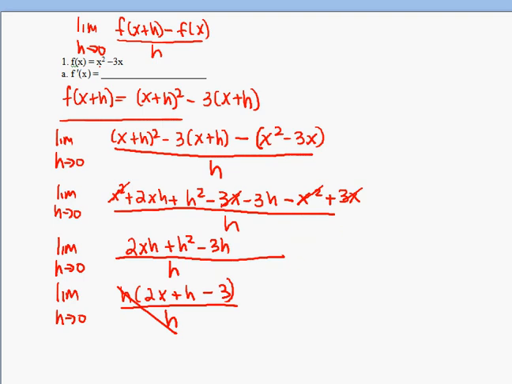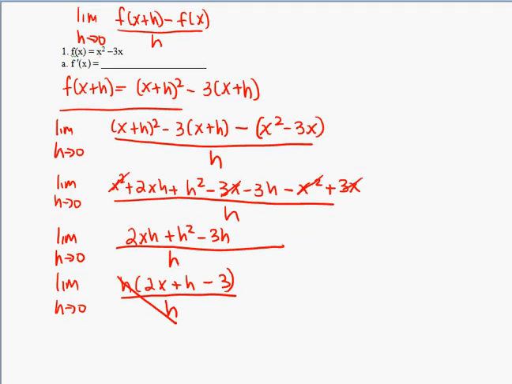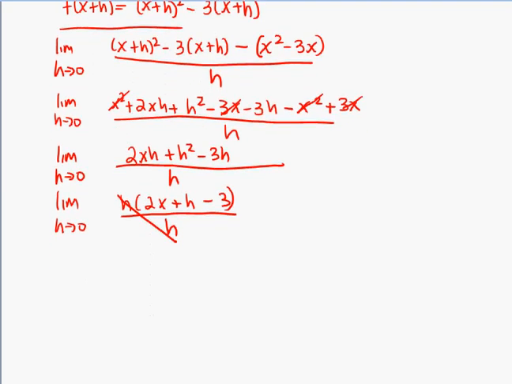So let me just scroll down a little bit here, give myself a little bit more room. So we have the limit as h approaches 0 of 2x plus h minus 3. Plug in 0, and my derivative is 2x minus 3. So we just determined that the derivative of x squared minus 3x is 2x minus 3.